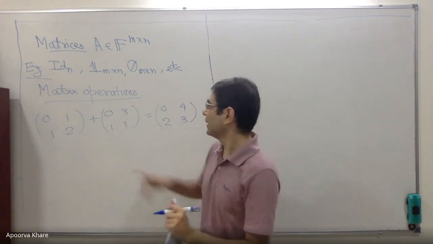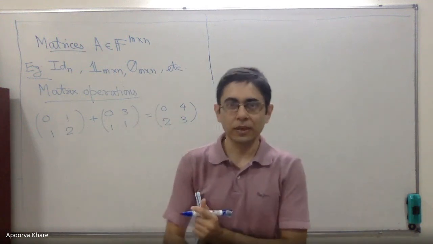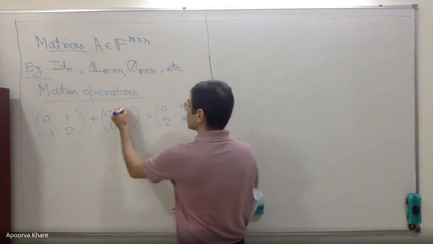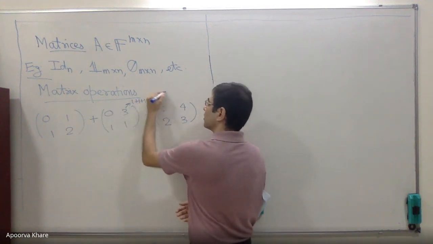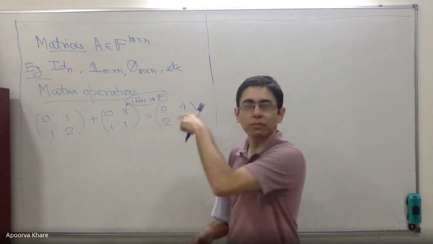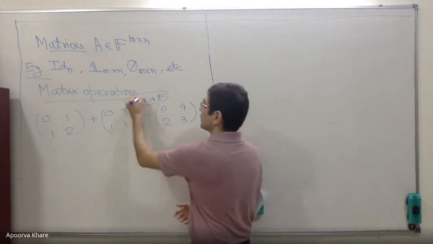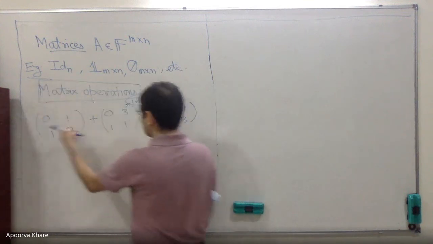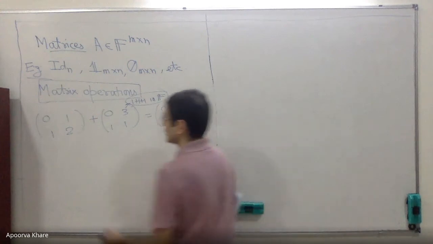I'm writing down 3 and 4. You might think these are integers, but I could denote 3 as 1 plus 1 plus 1 in the field F, and 4 as 1 plus 1 plus 1 plus 1 in the field F, and so on. That's what I mean by 3 and 4, and then this equation makes sense in every field.